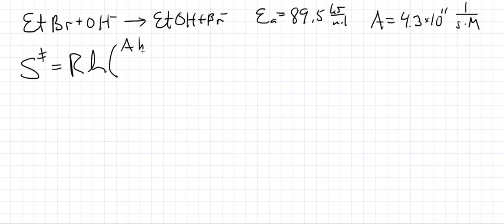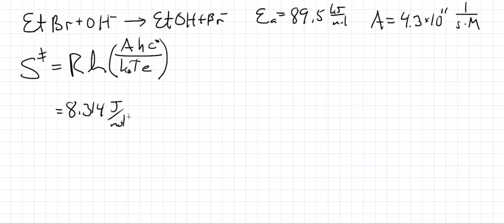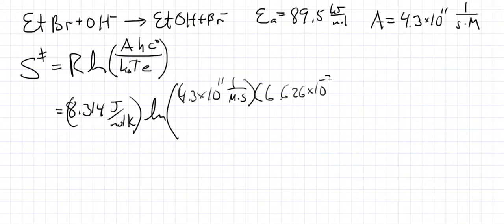So we said the activation entropy is equal to R times the log of A h c° over kT e. Okay, great. Let's go ahead and plug that in. So 8.314 joules per mole per Kelvin. And then inside the logarithm, we've got A, which we said was 4.3 times 10 to the 11th reciprocal molarity reciprocal seconds, Planck's constant 6.626 times 10 to the negative 34 joules times seconds, and the standard concentration, which is 1 molar.